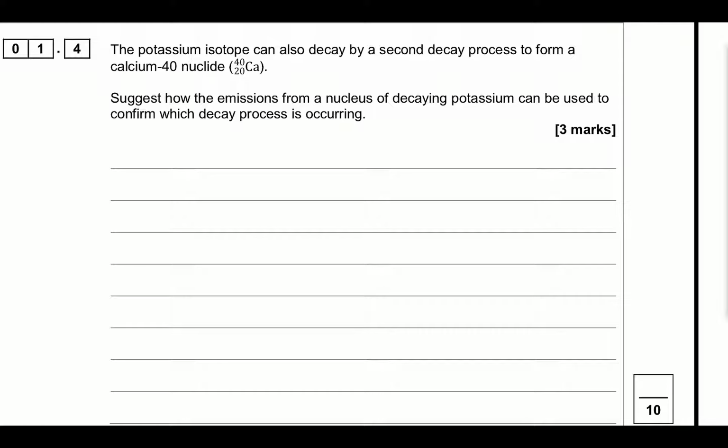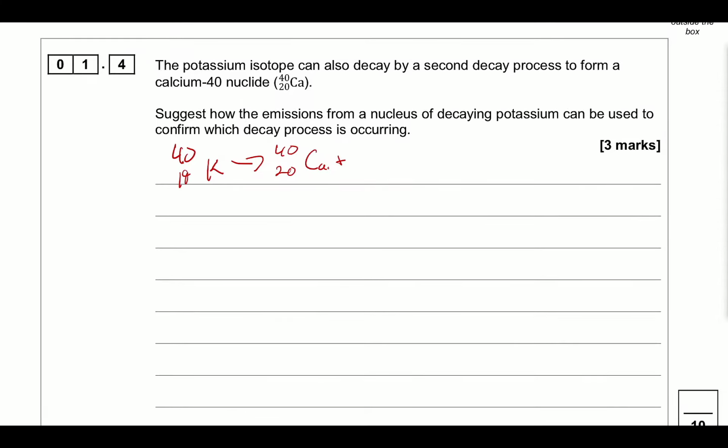Okay, well, for this, what you have is 40, 19, and that is going to be 40, 20 calcium plus an electron and an anti-electron neutrino.